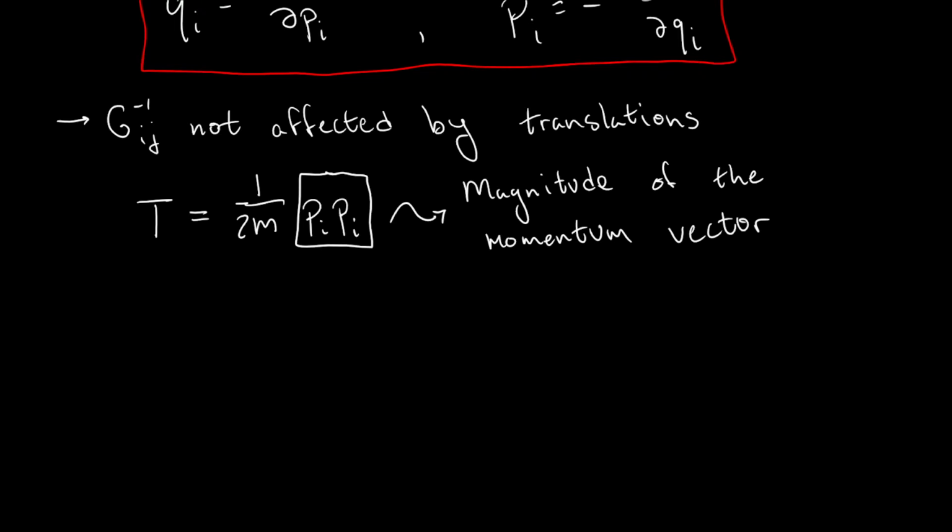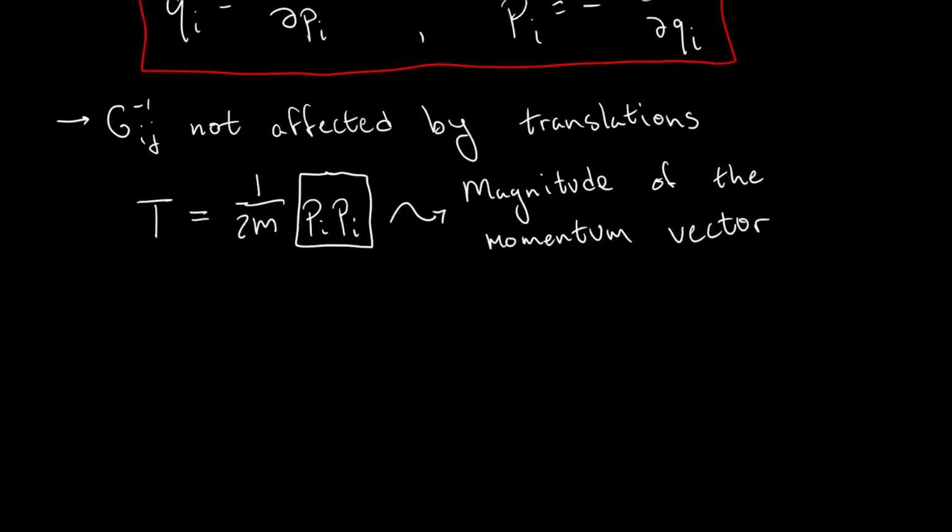So if we're starting in some Cartesian basis like this, and we rotate, this kinetic energy is never going to change. It can't, because it's the magnitude of the momentum vector.